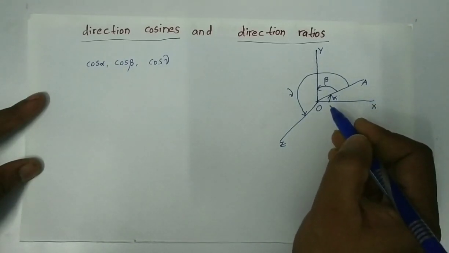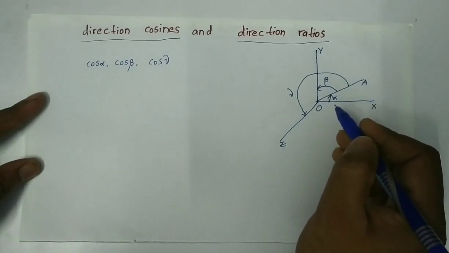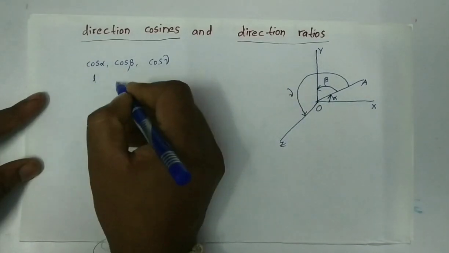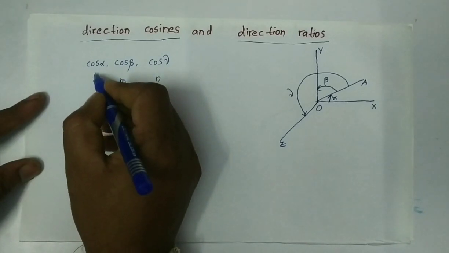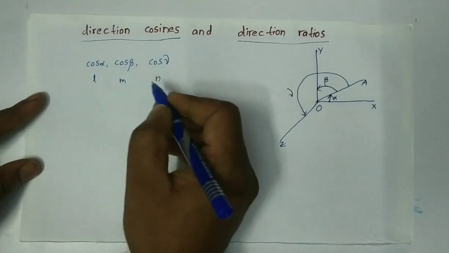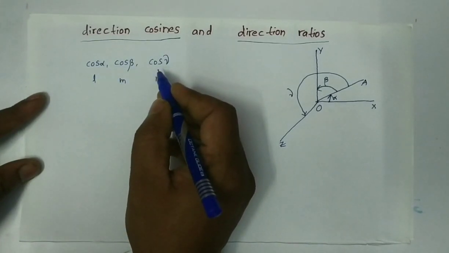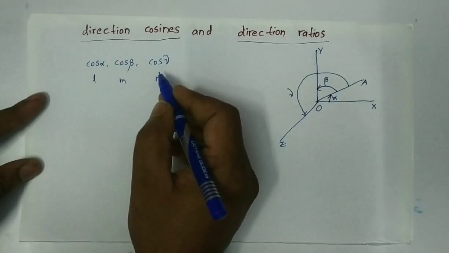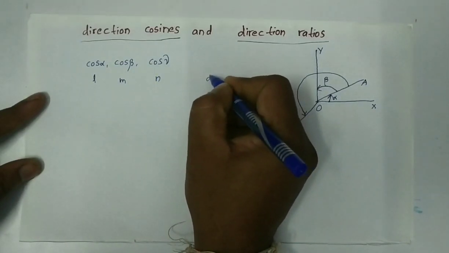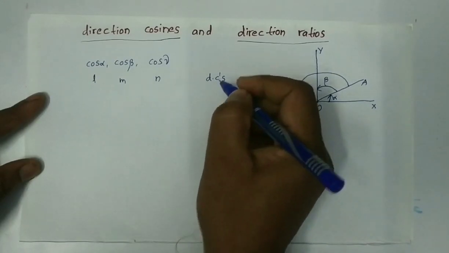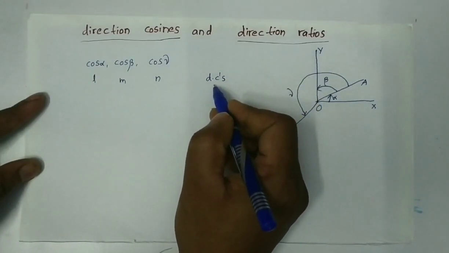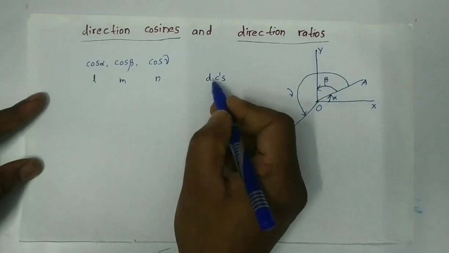Generally, we denote direction cosines by L, M, N. That means L is cos alpha, M is cos beta, N is cos gamma. Here DCs means direction cosines, the shortcut form for writing direction cosines.